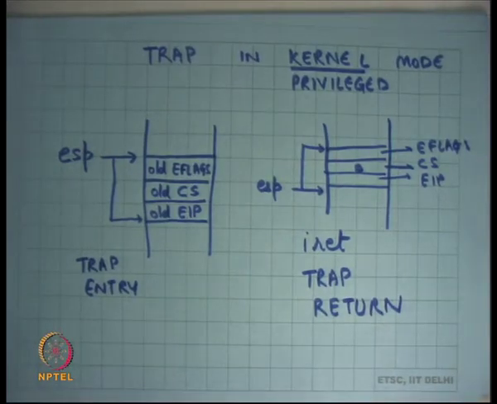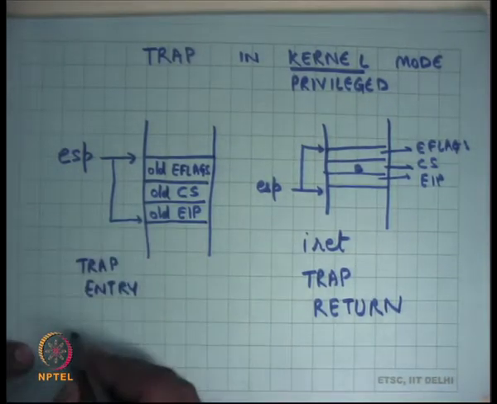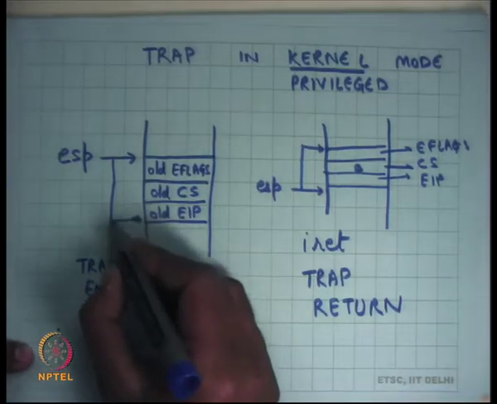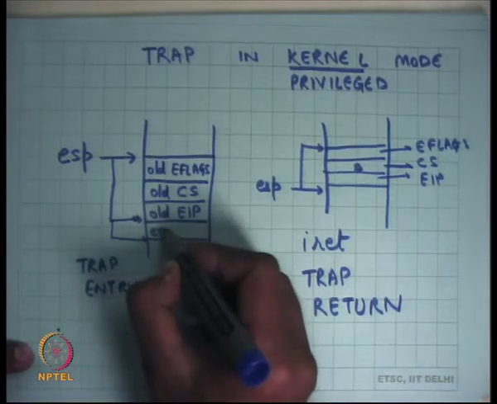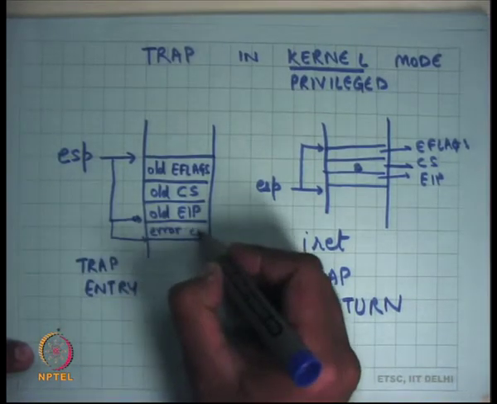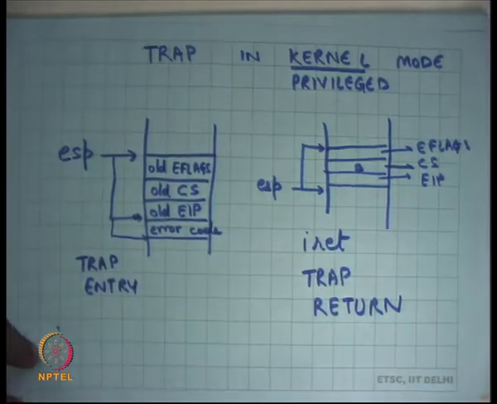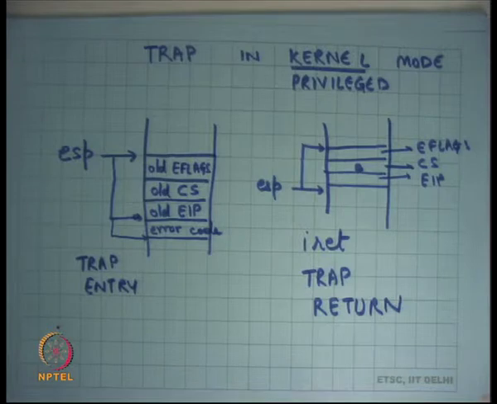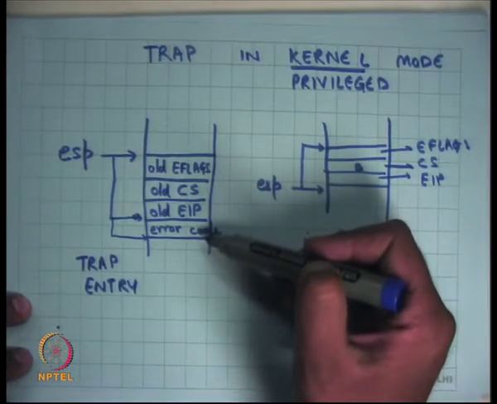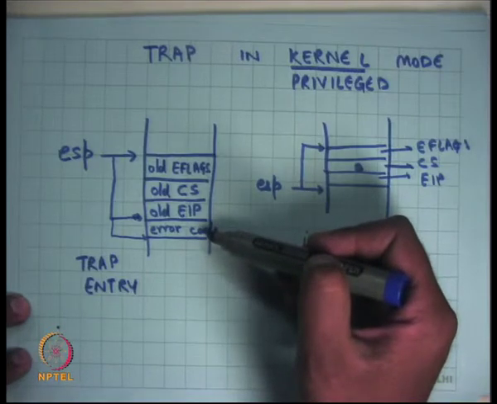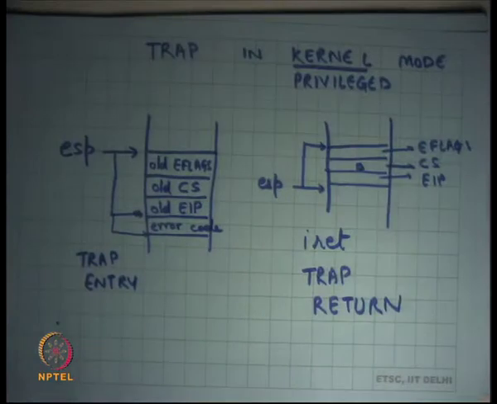As a matter of additional detail, there are some interrupt vectors which actually push 4 words. This is just a matter of fact, really. There's no fundamental reason behind it, but there are certain vectors for which one extra value is pushed, that's the error code. For example, the page fault.